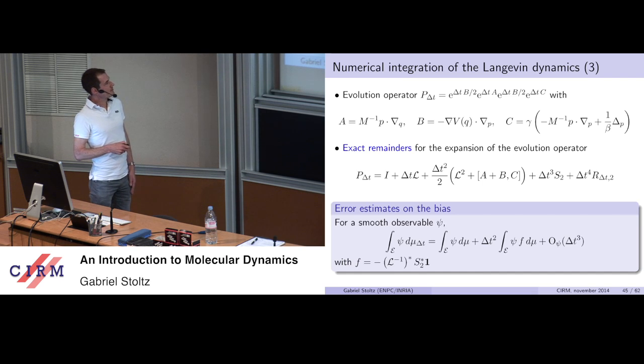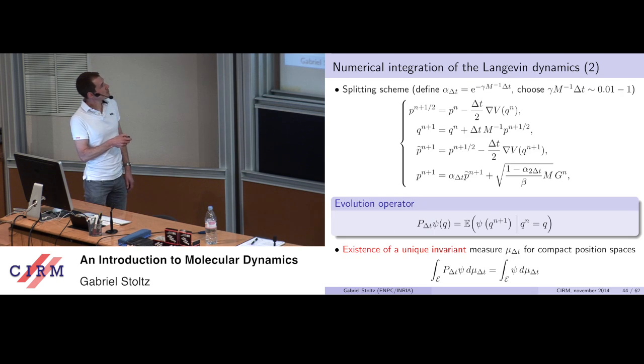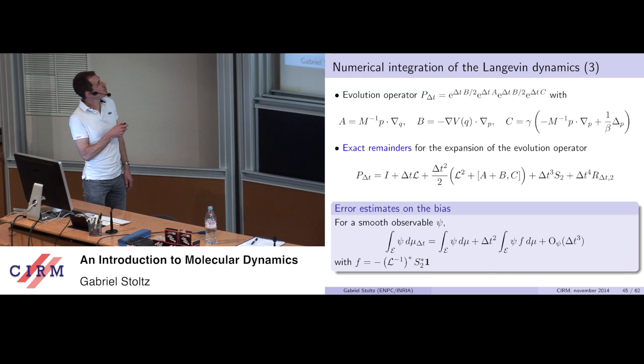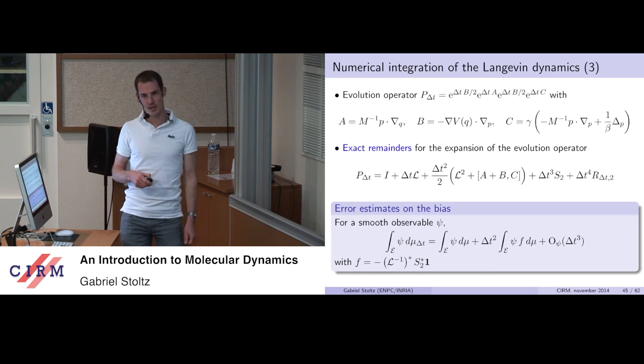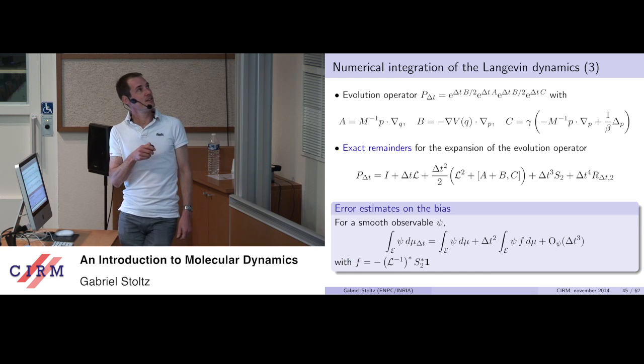For those of you who want to see the proof, in this case it's not too complicated because, due to this simple structure, I can split my evolution operator as the composition of semigroups with respect to elementary evolutions where I evolve only positions, only momenta, or I do the fluctuation dissipation. Just believe me, I can write down my evolution operator like that. Then I use the BCH, Baker-Campbell-Hausdorff formula to write that P_{delta t} is equal to this series, which I've truncated here.